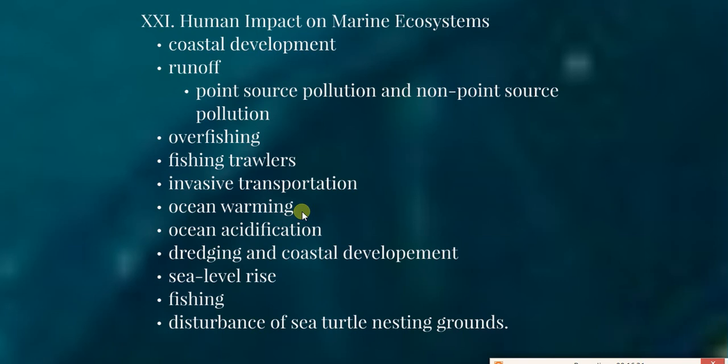Coral bleaching is an action when the ocean gets too warm and the algae that live inside of the corals start to die off. They leave the coral, and when they do this, because most of the color of the coral is from that algae, we tend to get the coral turning sort of a white color.